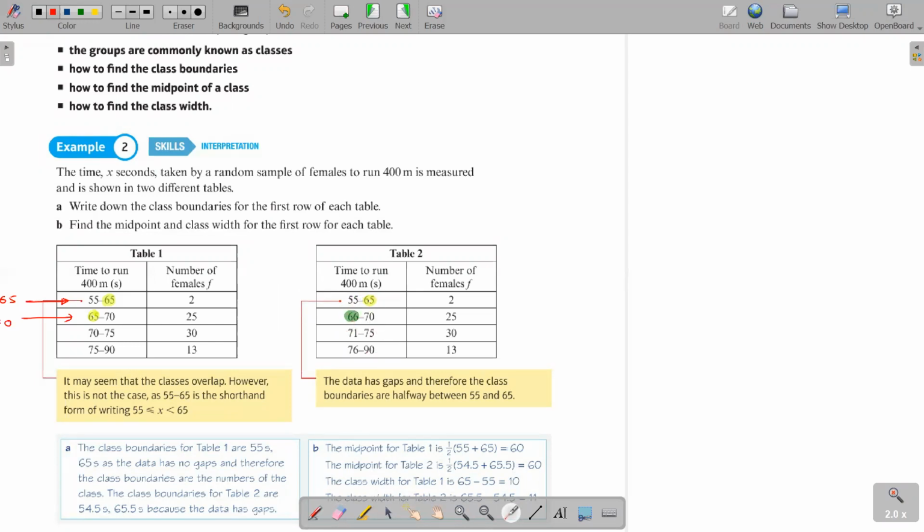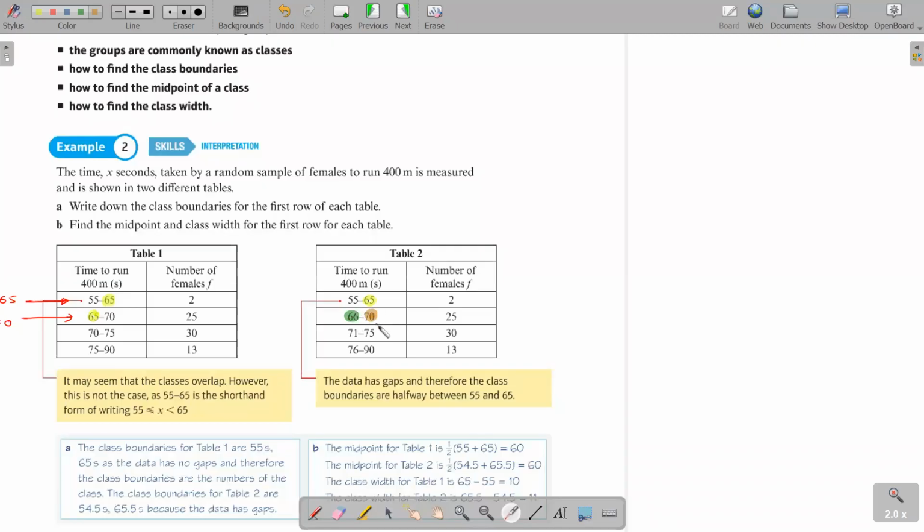What about 70 and 71? What do we do? The midpoint of 70 and 71 is 70.5. So here the class boundary is now 65.5.